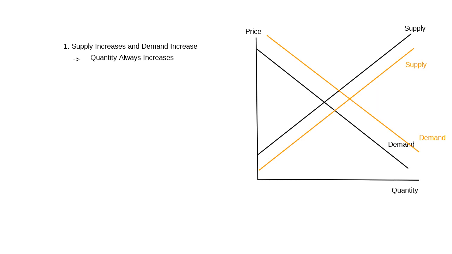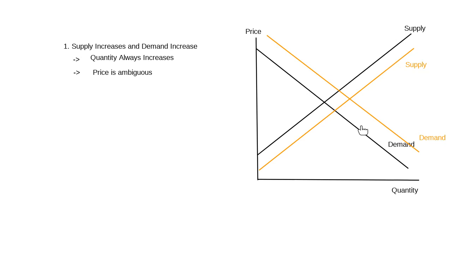Price is ambiguous, because depending on the magnitude of the shifts, price could go up or price could go down.